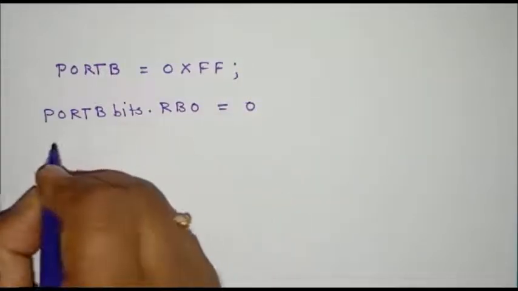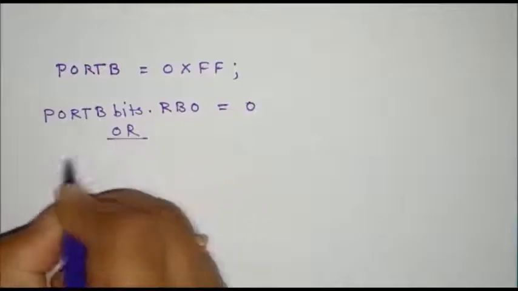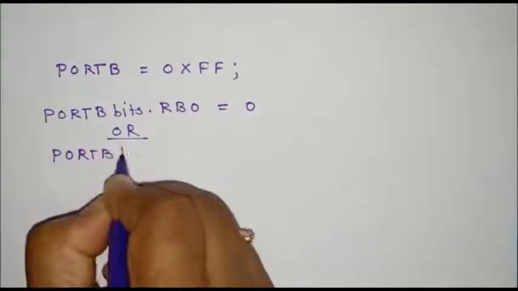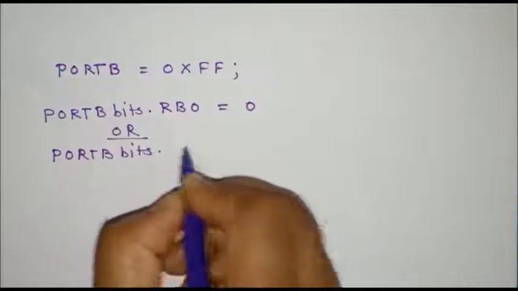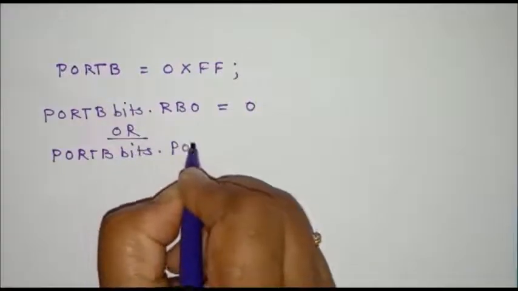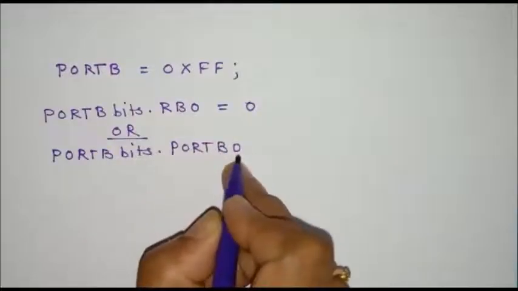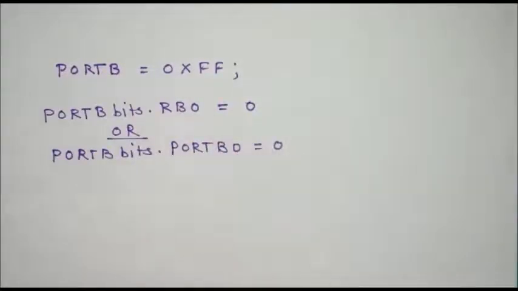Or we can use an instruction like PORTBbits dot RB0, that is the 0th bit of port B is initialized with value 0.